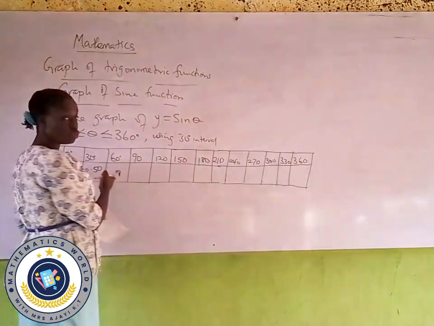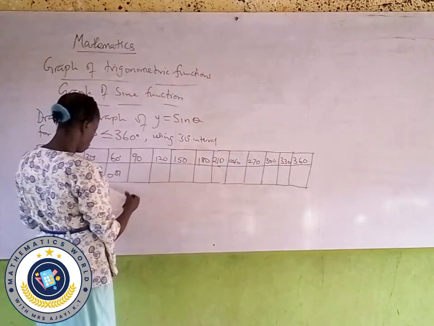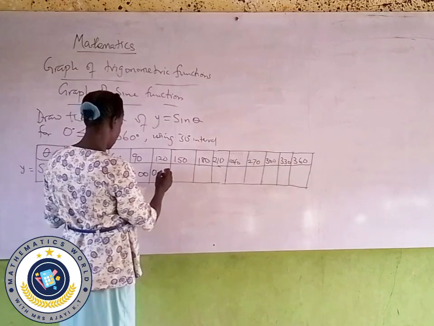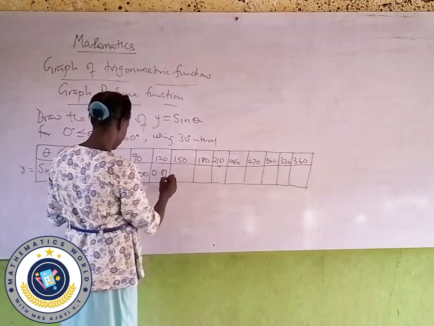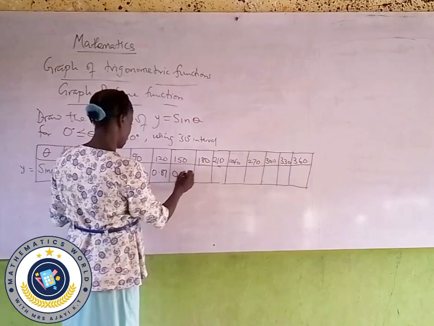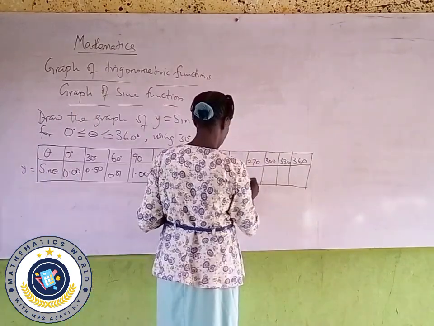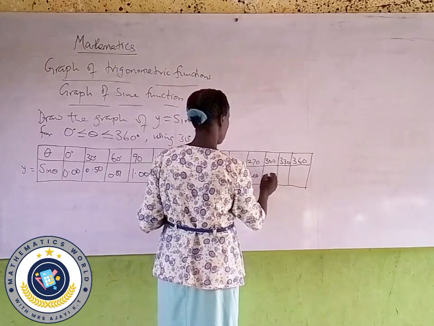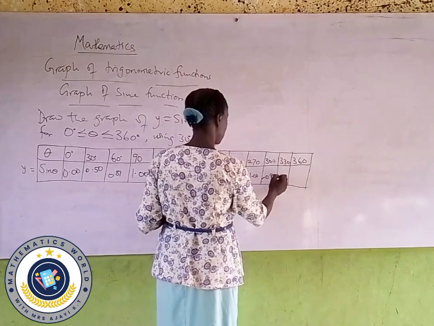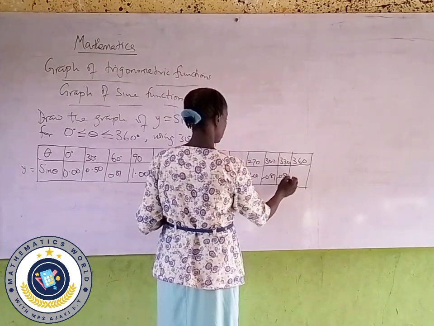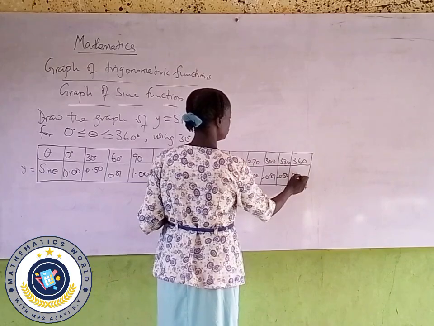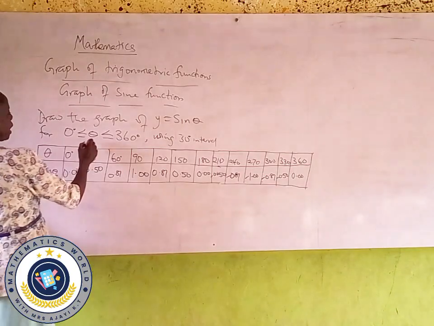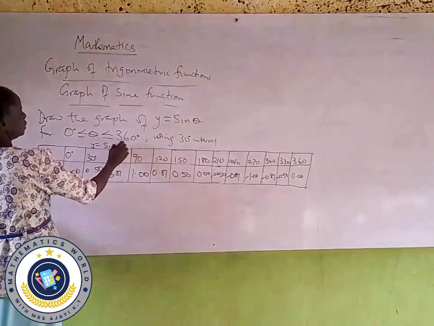Then sine 90 gives 1.00. Sine 120, you are going to get 0.87, followed by 0.50, that is sine 150. Then 180 gives 0.00, 270 gives minus 1.00. Then 300 minus 0.87, 330 minus 0.50, then 360, you are going to get 0.00. So that is the table of values for y equals sine theta.